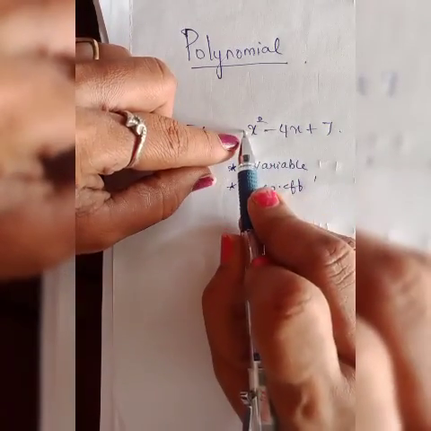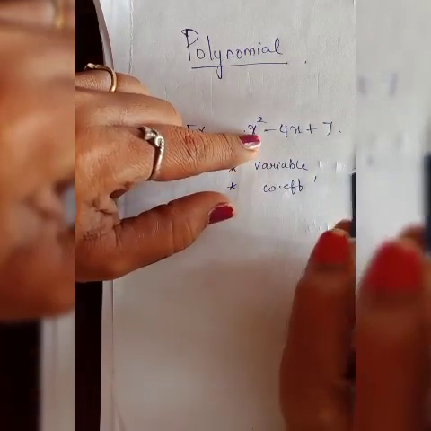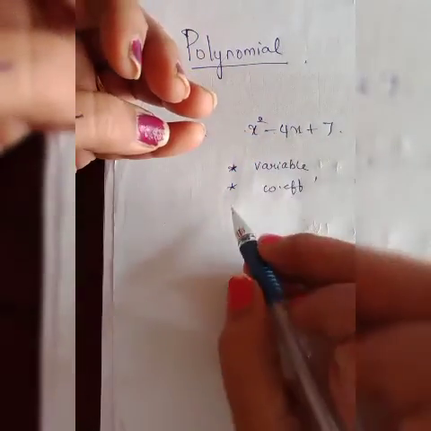Here x square coefficient is 1, x coefficient is -4, constant, and the operation addition.